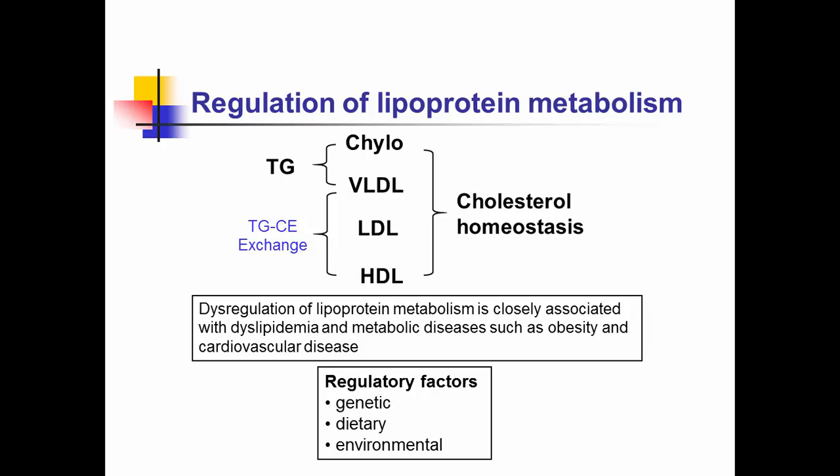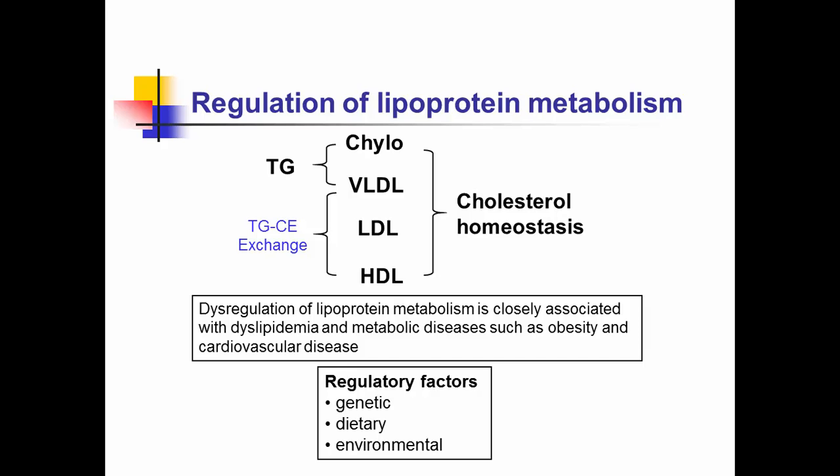So these two lipoproteins are very important in the regulation of cholesterol levels in the circulation. And LDL and HDL are basically the cholesterol-rich lipoproteins, and play the most important role in the regulation of cholesterol homeostasis levels.